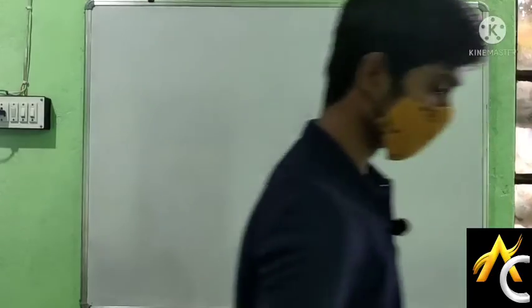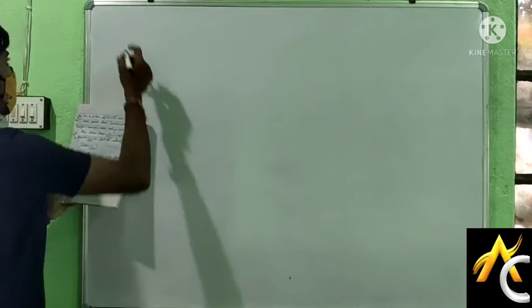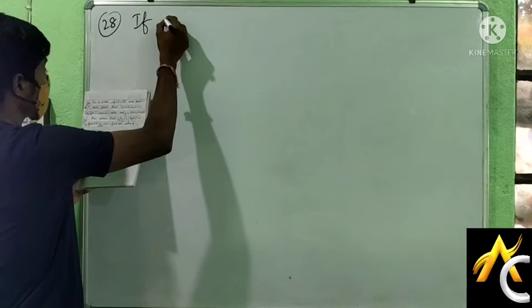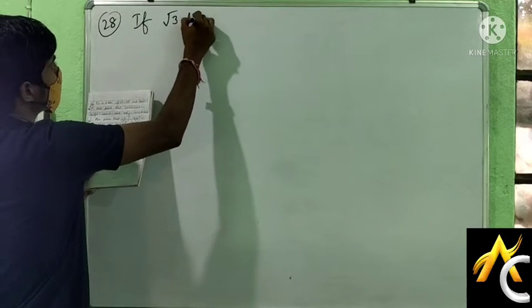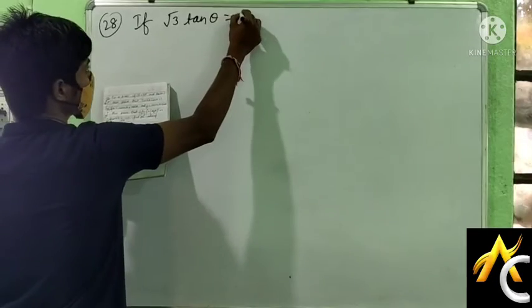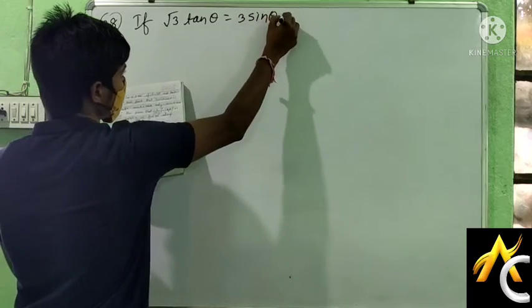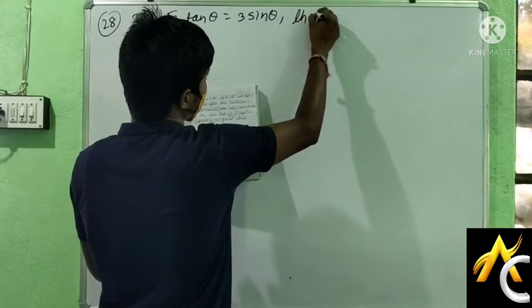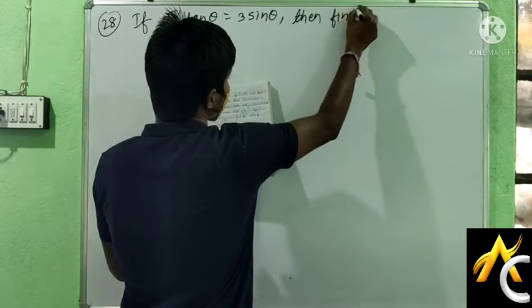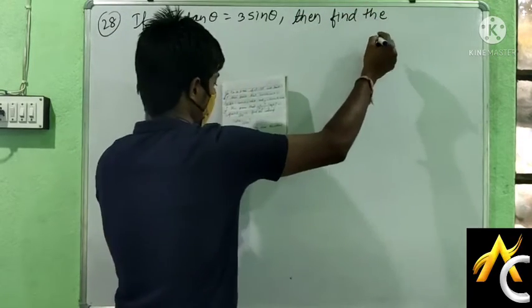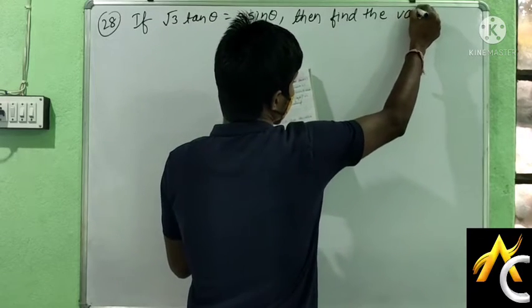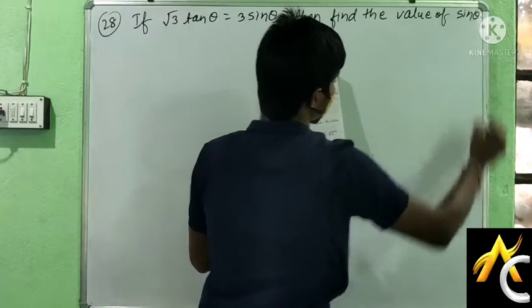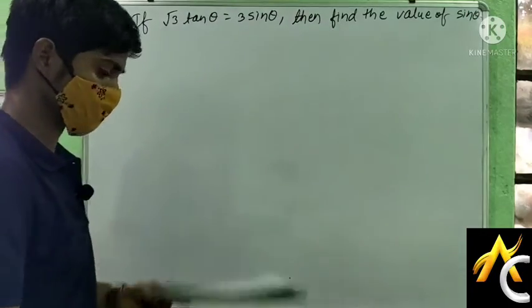Simple. Now question number 28 is, if root 3 tan theta is equal to 3 sin theta, it is given, then we have to find the value of sin theta. Okay.